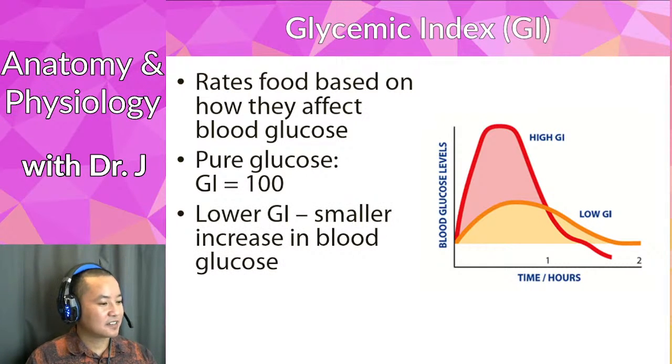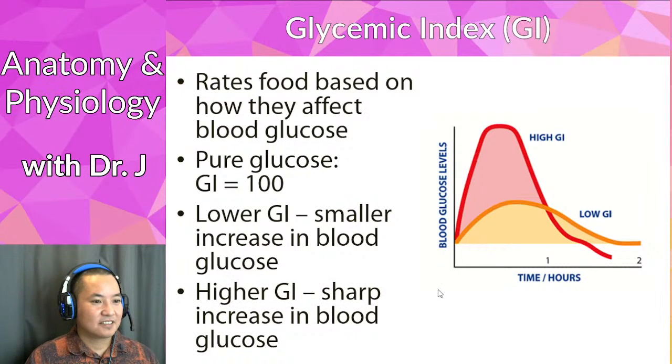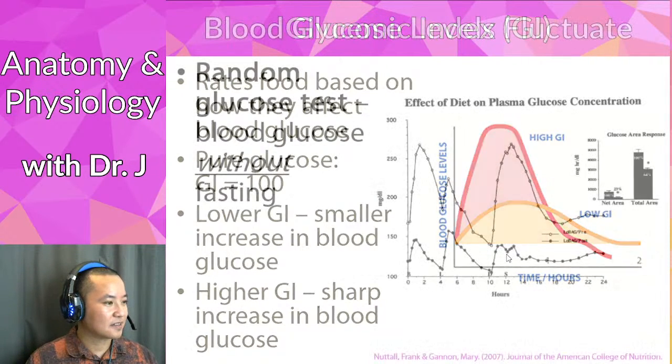But if you have a lower glycemic index, instead of having this rapid spike in blood glucose, it's going to release and add glucose to your bloodstream slower over time. And the higher the glycemic index, the closer it is to 100, the sharper the increase in blood glucose.